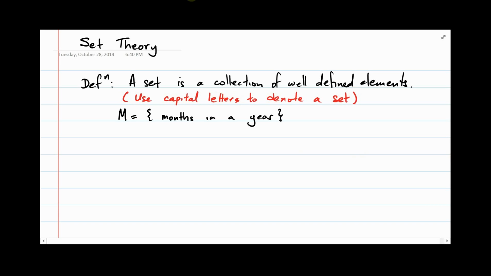So, as I have here, set M is equal to, and here we have this symbol, which is really called a brace.